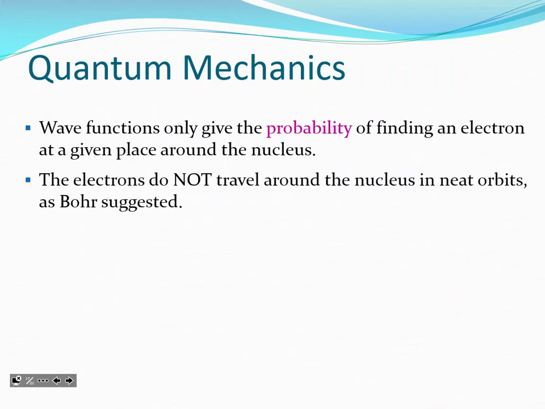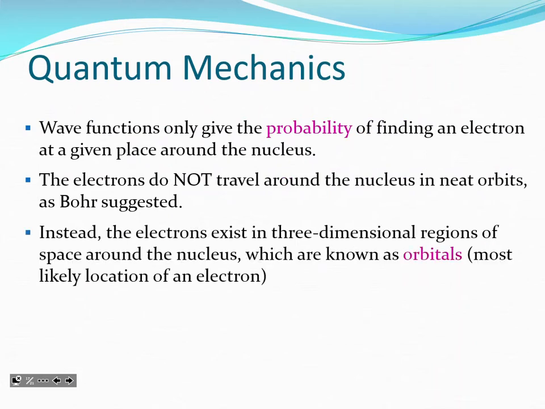This one is showing you an s orbital, and as you can see the tiny blue dots, most of them, the higher density, is located in the center of that sphere. So the electron would reside in that particular three-dimensional space. Wave functions give the probability.